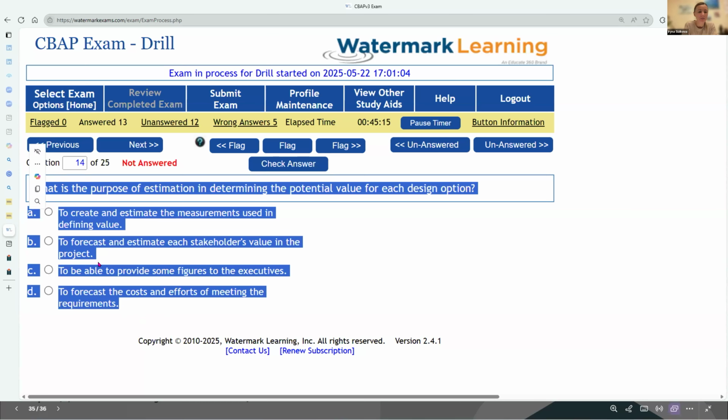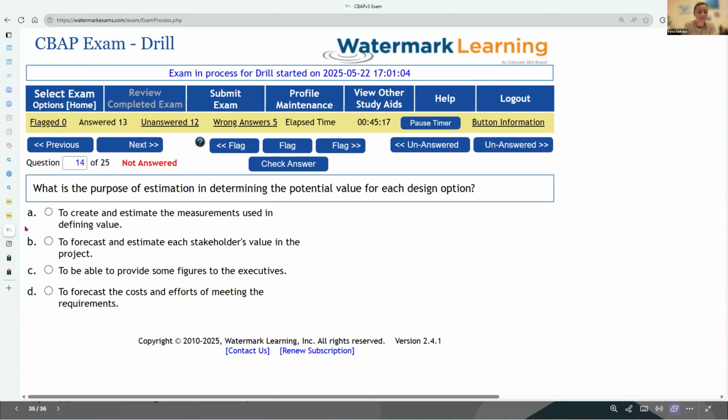Oh, B, okay. C and B. So we think we're down to D, is that correct? Yeah. This is correct. The purpose of estimation is to forecast the costs and efforts in meeting the requirements.